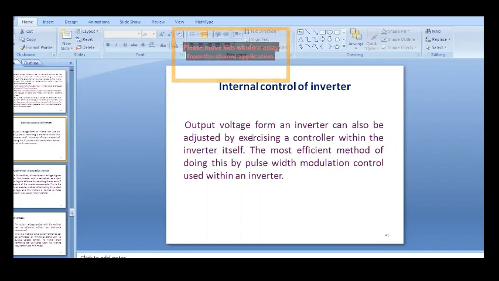The output voltage of an inverter can also be adjusted by incorporating a control within the inverter itself. The most efficient method of doing this is using PWM control, that means pulse width modulation control, within an inverter. This is a PWM inverter.